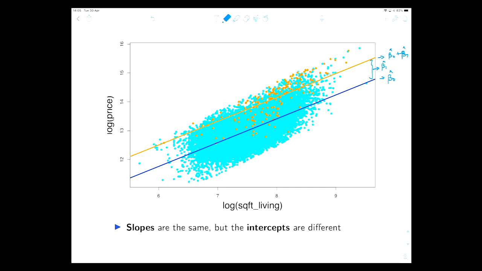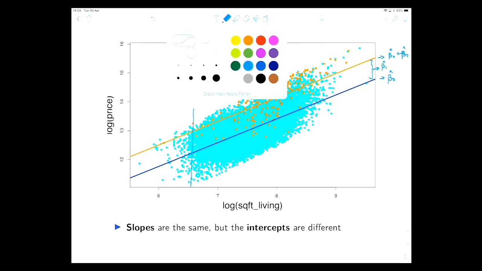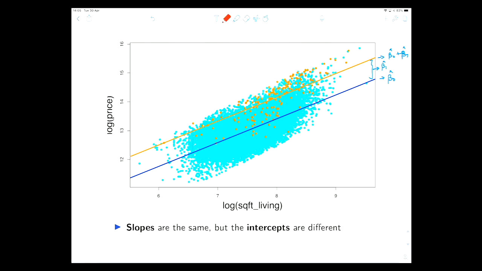If you look at two sample houses which have the same living area, draw that in red. So you're looking at two houses which have the same living area, then their prices will differ, on average, by the amount beta 1.